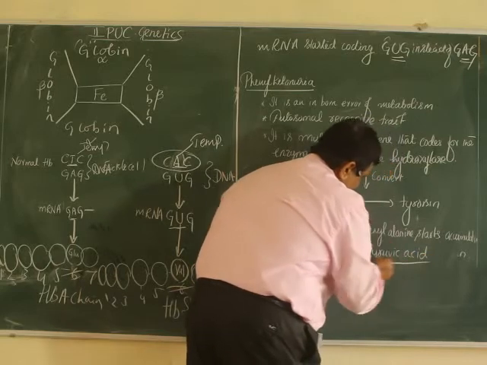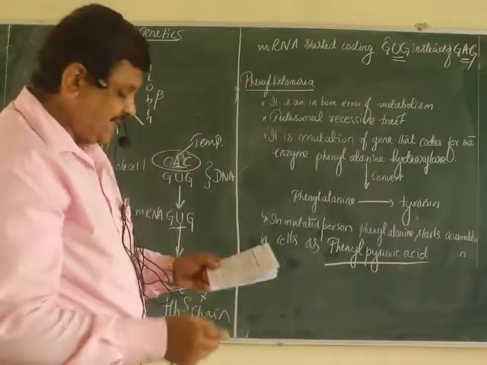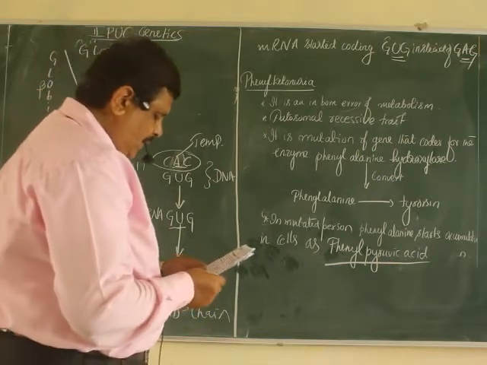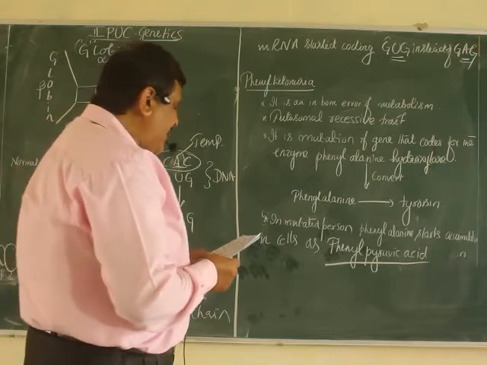It will start accumulating in the form of phenylpyruvic acid. They accumulate in the brain, resulting in mental retardation.